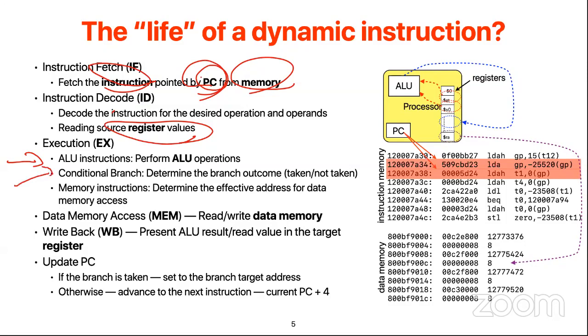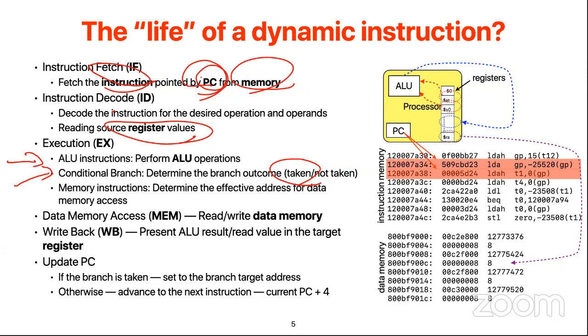If it's a conditional branch, the ALU will perform a comparison on register values to determine if we have to change the next PC. The branch outcome is usually equal or not equal. If the outcome tells us that you should change your PC, we say the branch is taken. Otherwise, if your next PC is still PC plus 4, then we say it's branch not taken.